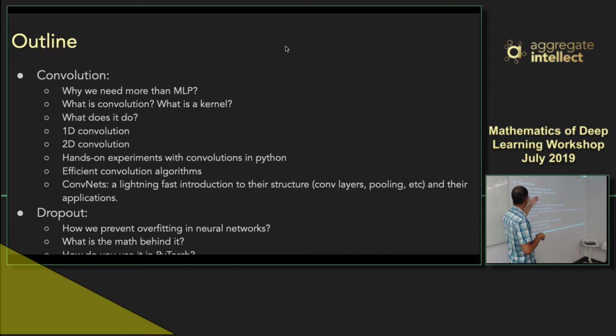And what is convolution? What is a kernel? What does it do? And then we will talk about one-dimensional convolutions. We will do hands-on in Python so that you see and experience and learn how convolutions work. And we will do it in PyTorch as well. And then we will do two-dimensional on images.